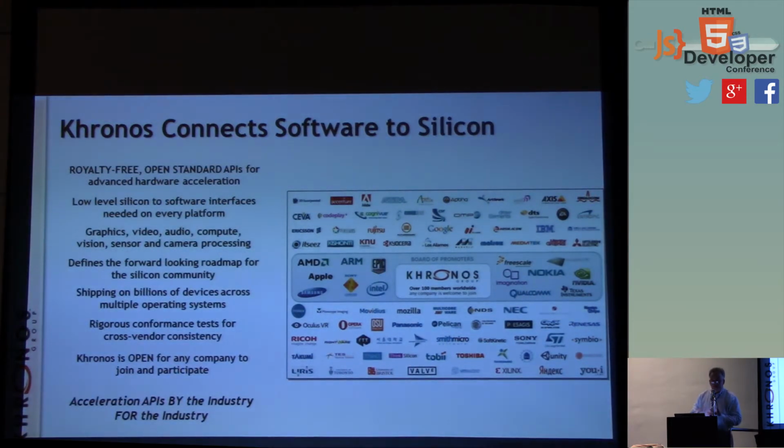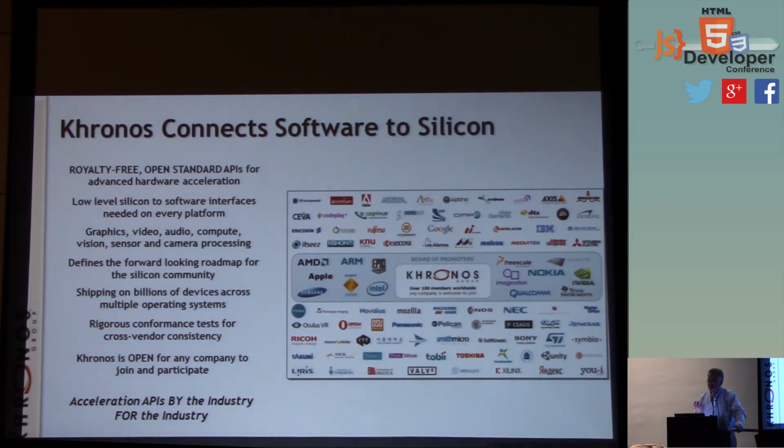And so, where are all these standards coming from? Well, it's the Khronos Group. Some of you may be familiar with Khronos. We're an open industry consortium dedicated to creating royalty-free standards at the silicon software interface. So enabling developers to access silicon capabilities for graphics, for compute, for camera, vision processing, audio processing, media processing, etc. We're open to any company that wants to join.